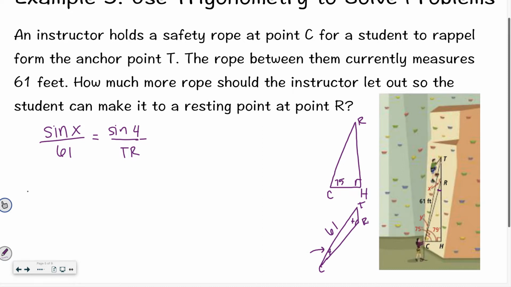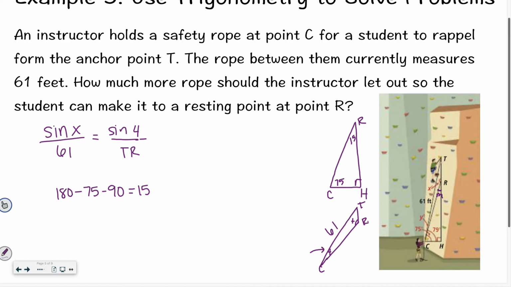So I can figure out what x is by saying there's 180, sorry, that's not x. I can solve for, I'm going to call this just m right now, that last angle in that CHR by saying 180 minus 75 minus 90. That tells me that I have a 15-degree angle right there.